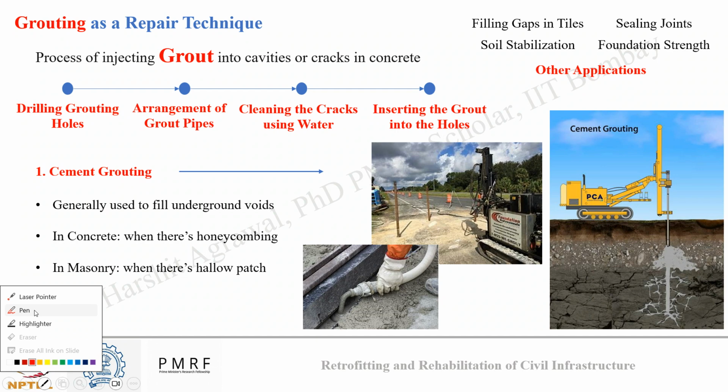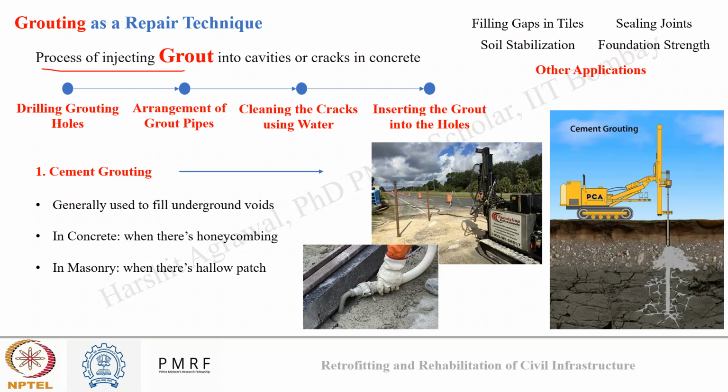So what do we mean by grouting? Grouting is nothing but the process of injecting grout into cavities and cracks in concrete. And grout here is nothing but a slurry of repair material which can flow through a pipe, or which can be injected into the cracks. Now how is grouting repair carried out? There are four steps. First, we drill grouting holes.